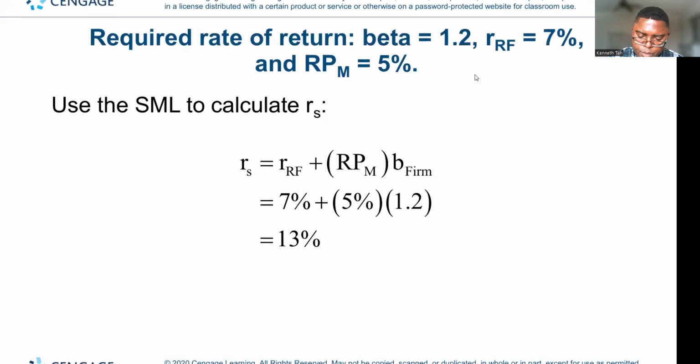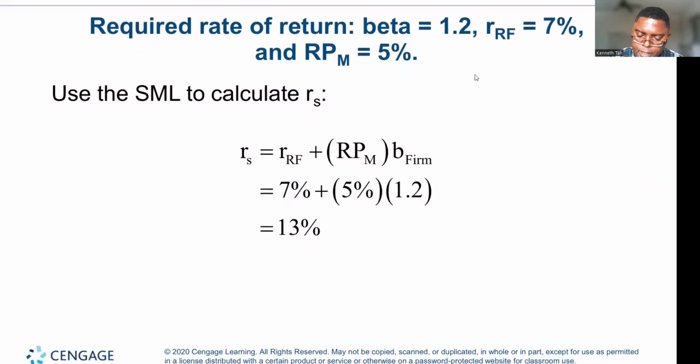So we can now start trying to calculate the problem. In some problems, the required rate RS is going to be given. Notice that when we use the free cash flow model, we're using WACC as the required rate.